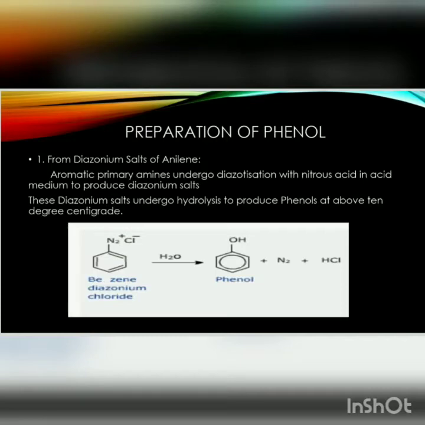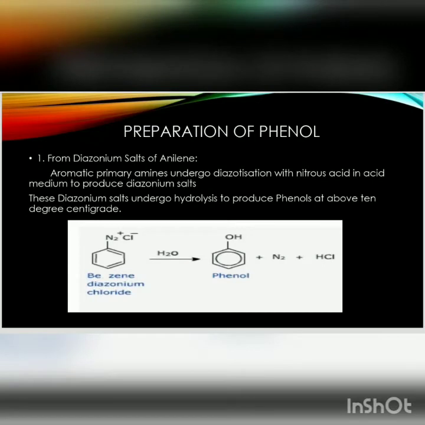Aniline is a phenyl group attached to the NH2 group. When aniline is treated with nitrous acid, we get benzene diazonium chloride. This benzene diazonium chloride on hydrolysis produces phenol, nitrogen and HCl.